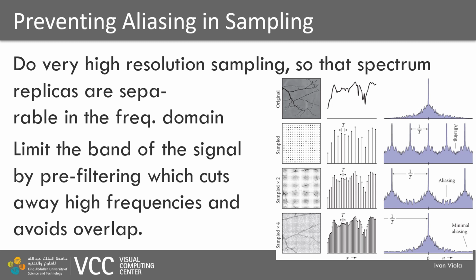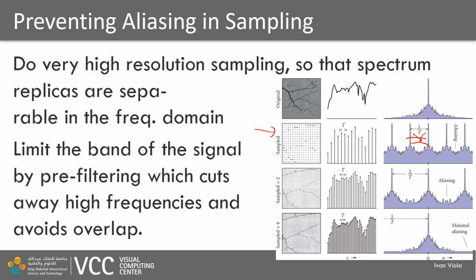And in this slide, we can see how we can mitigate the problem of bad sampling. The sampling is a multiplication with our comb filter in the spatial domain, and here the sampling is not performed at a very high frequency. Therefore, the aliasing spectra in the frequency domain are very close to each other.